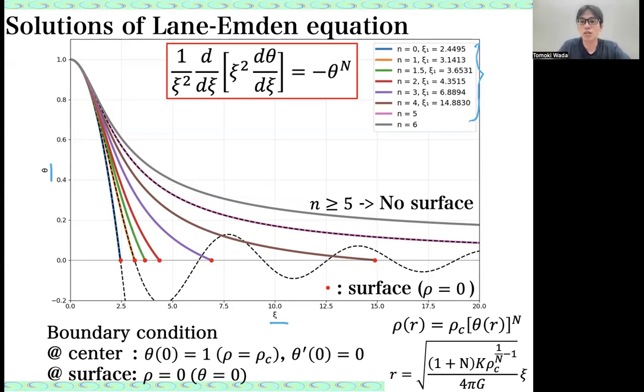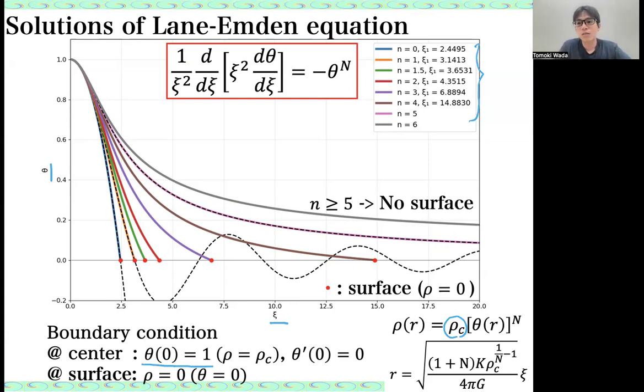But the initial condition is defined when we introduce dimensionless parameters. As I mentioned, rho c is the density at the center of the star. So at the center of the star, theta should be 1. This is one boundary condition.